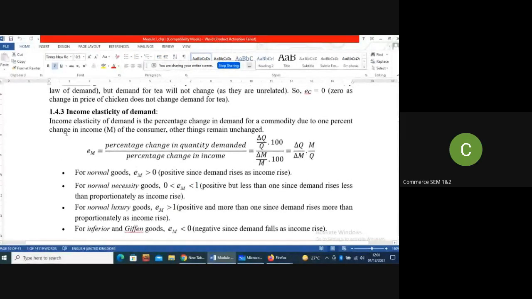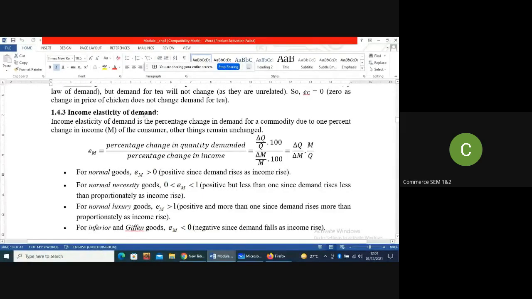Next is income elasticity of demand. Just like before, in the previous case we had percentage change in price in the denominator. Now we have percentage change in income in the denominator. The numerator is the same, percentage change in quantity demanded divided by percentage change in income.